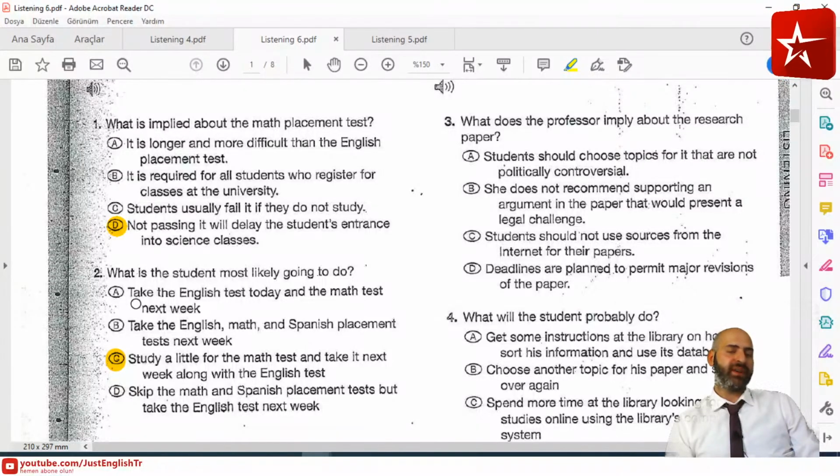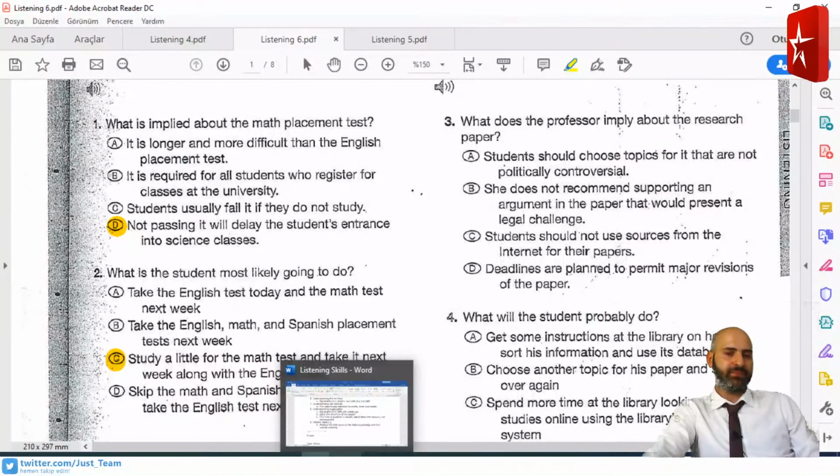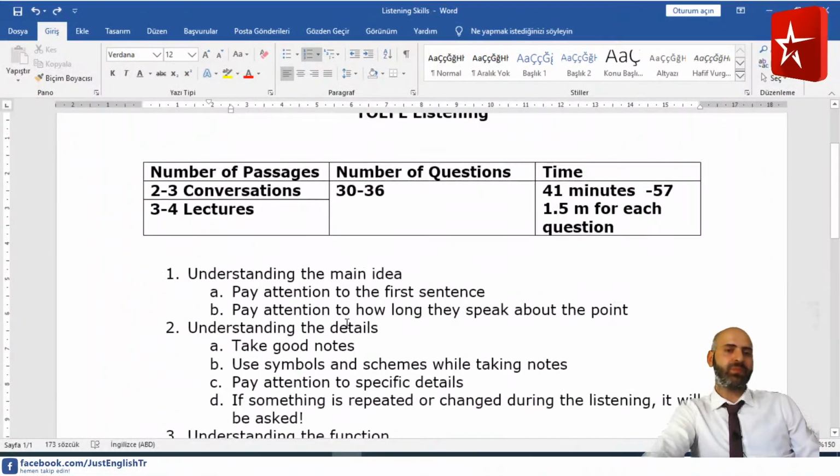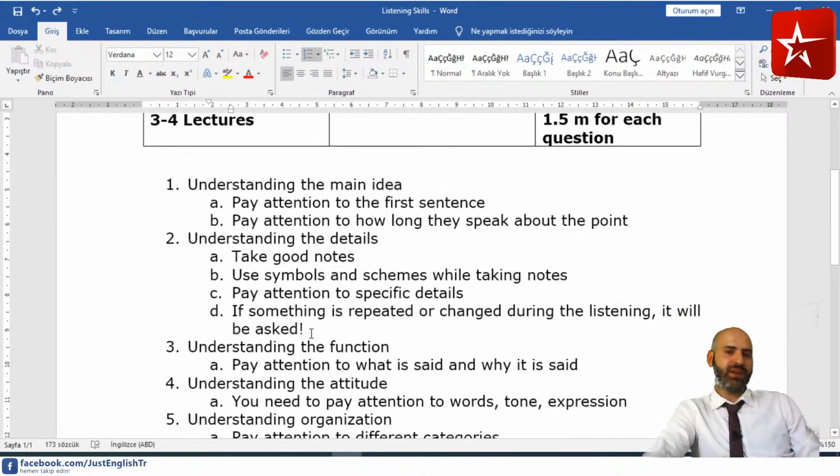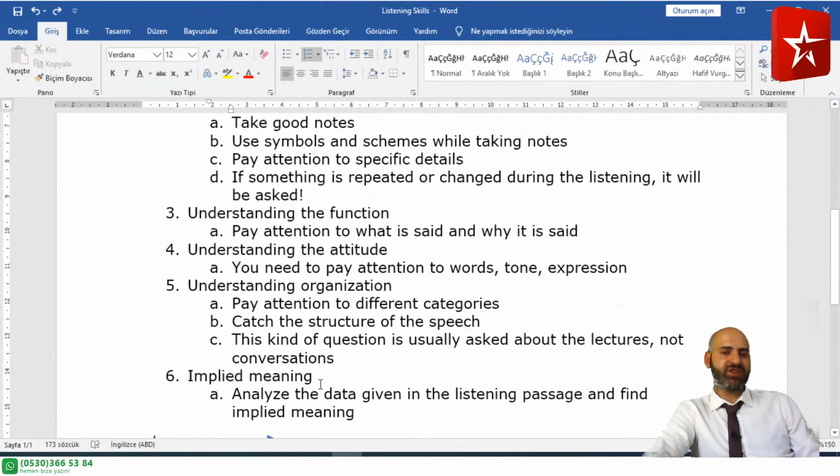You need to be very careful with the details because, for example, all these answers A, B, C, D here look like each other a lot. With this, we have finished the listening question types. We have already discussed all 6 types of questions: understanding the main idea, understanding the details, function, organization, and implied meaning. All of them we have learned.